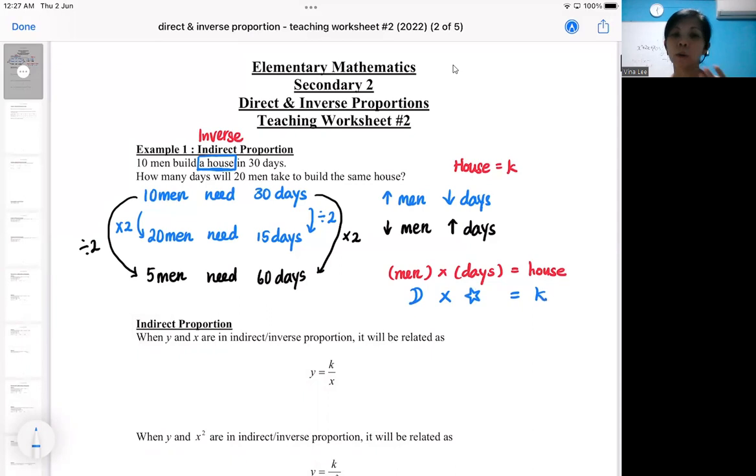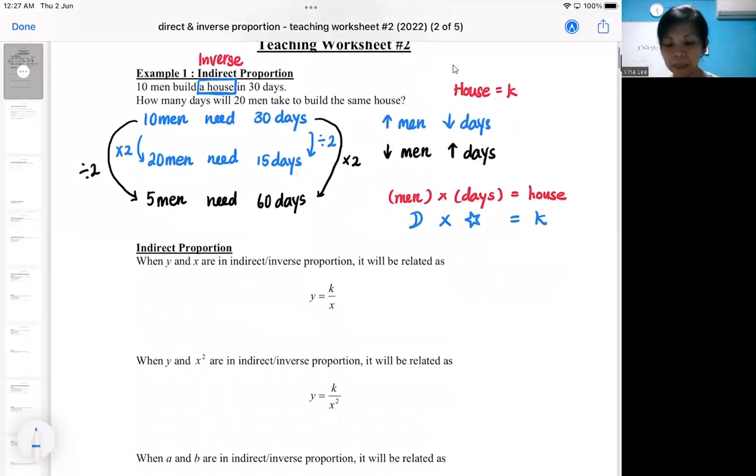Just before we go on to the setup, in a real life context, maybe I give you another example which all of you can relate to. It's something like your pocket money. Your pocket money is constant. You got a fixed amount of pocket money.